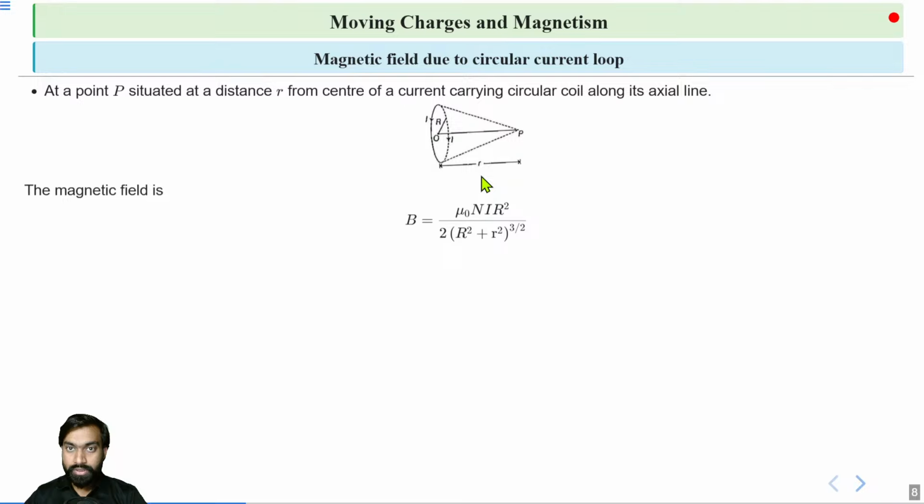Let's see the expression for magnetic field at point P. The magnetic field B at point P due to the coil is given by B equal to mu naught N I R square divided by 2 into (R square plus r square) whole power 3 by 2.